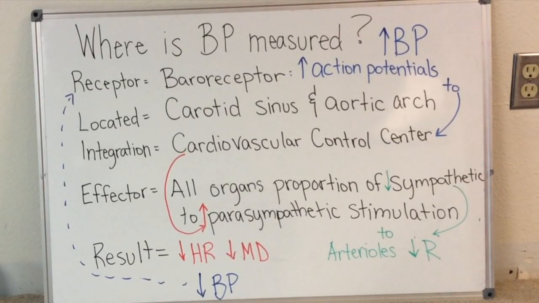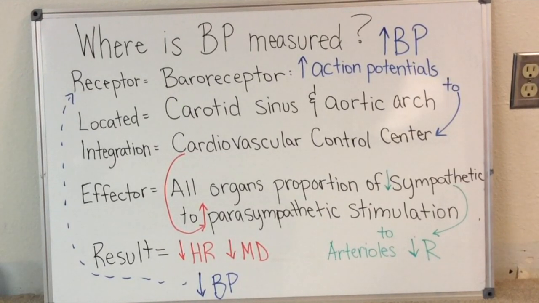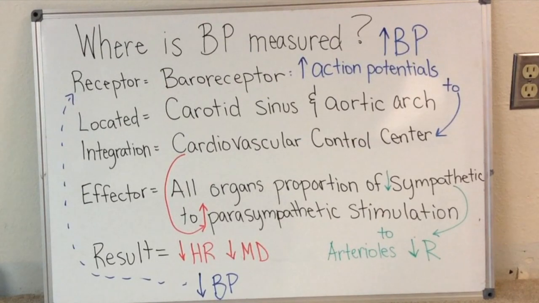The cardiovascular control center will integrate this information and effectively increase parasympathetic stimulation to its organs, which will decrease heart rate and decrease metabolic demand of most organs. It will also decrease sympathetic stimulation to the arterioles, which will result in an increase of arterial radii and a decrease in resistance.